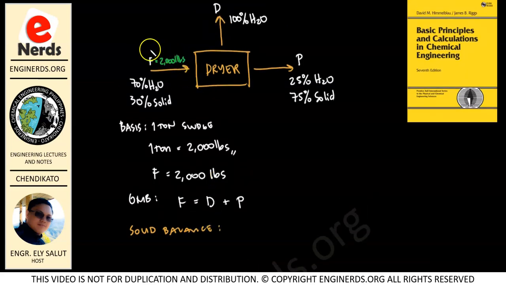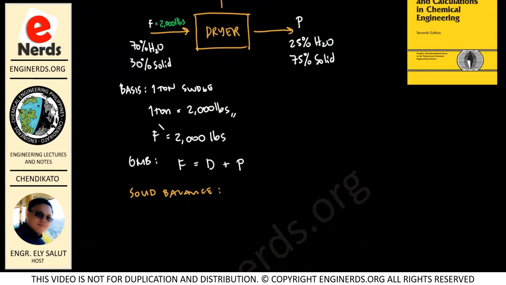Okay, so, ang meron lang namang solid is itong feed at itong product natin. How much solid we have in our feed? This is equal to 30% of the feed, so we have 0.3 times the feed. And this will be equal to the amount of solid dito sa ating product, dahil drying lang naman ang nangyari, no?